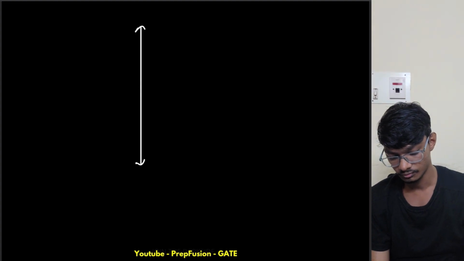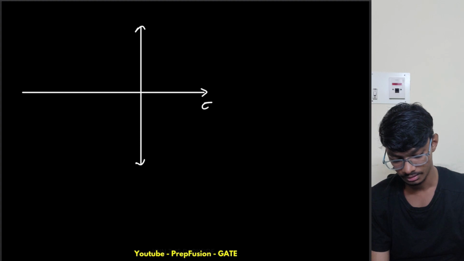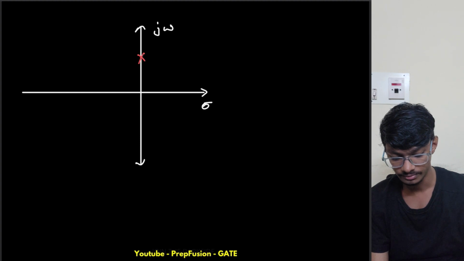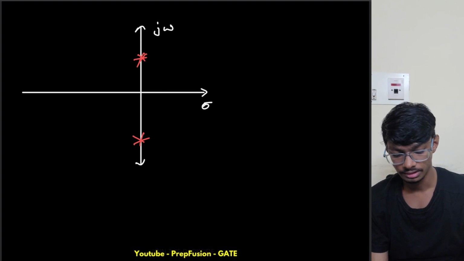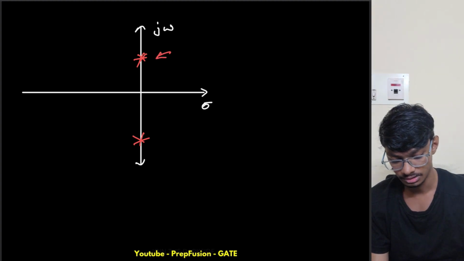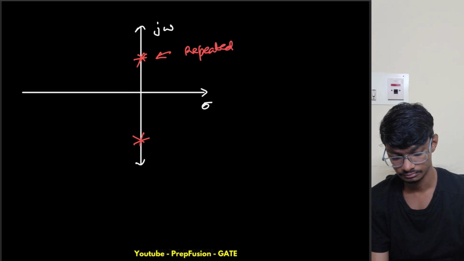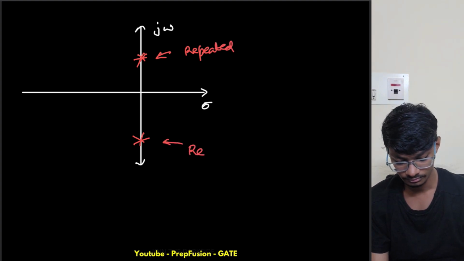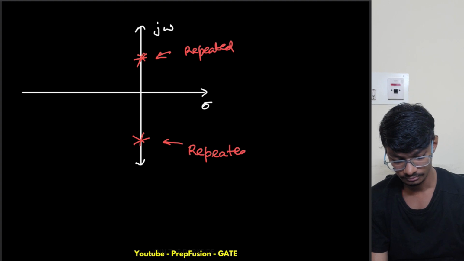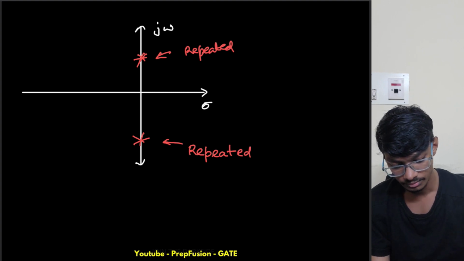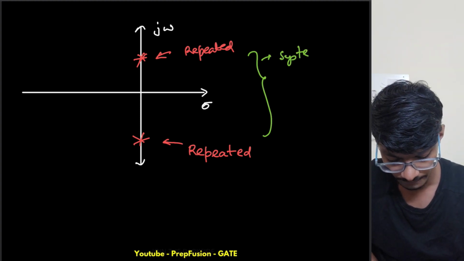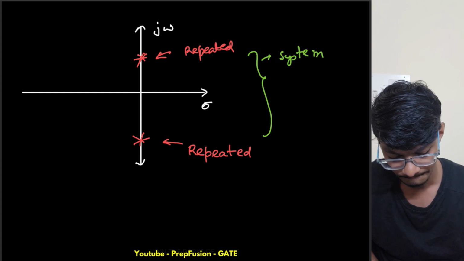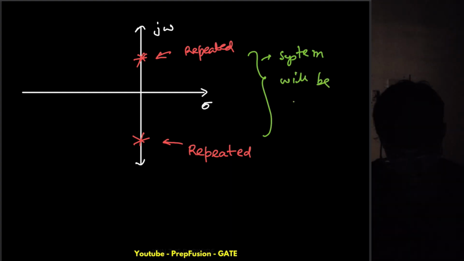If we have sigma and j omega, and if repeated poles lie here only, then the system will be unstable.